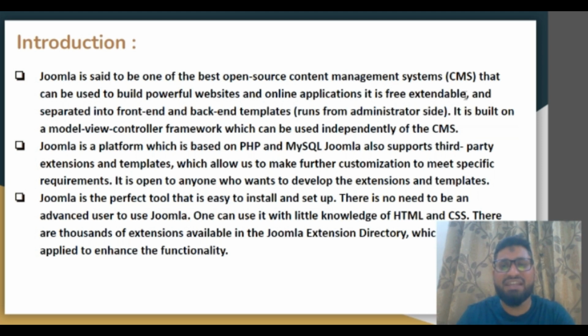It is freely extendable and separated into front end and back end templates. It runs from the administrator side. It is built on a model view controller (MVC). We call this an MVC framework, which can be used independently of the CMS.